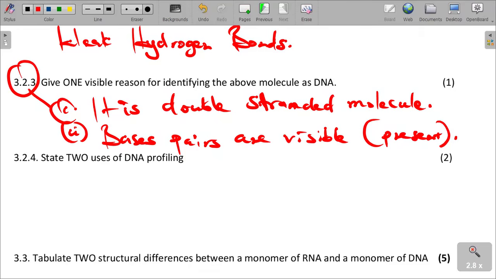And then two uses of DNA profiling. One, it is used to solve criminal investigations.